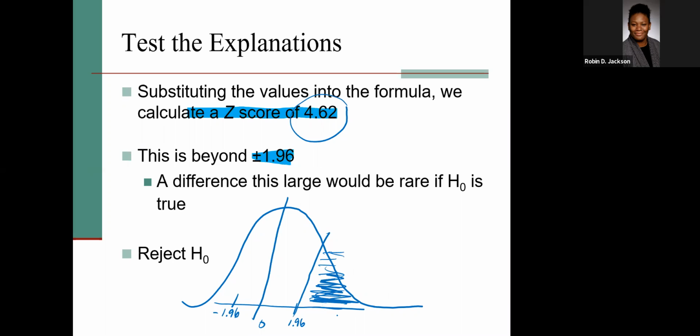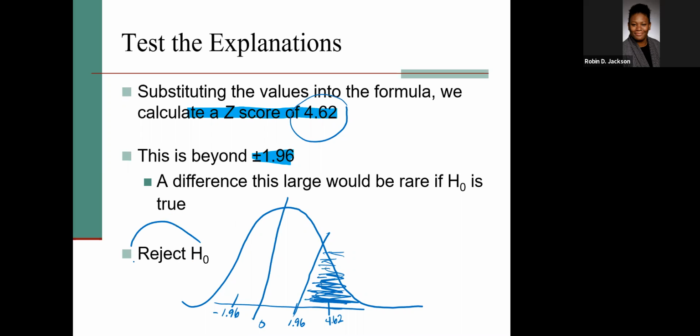We want our information out here, because that's basically saying that there's not much chance that that score is going to be out here. Because remember, if we've got 4.62, the score that we get is beyond that 1.96, it falls into this critical region here, we reject that null hypothesis.